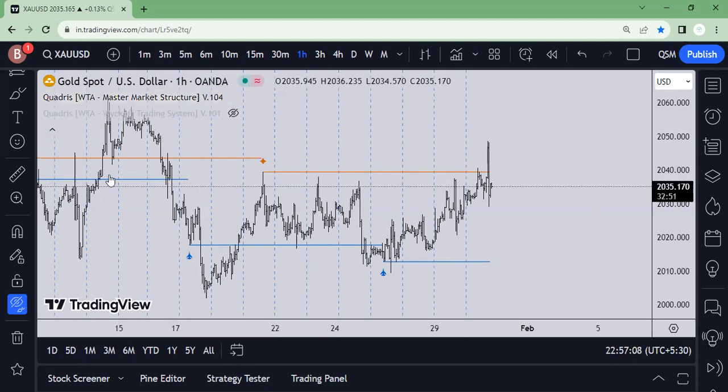What it does is it evaluates price plus volume plus momentum.